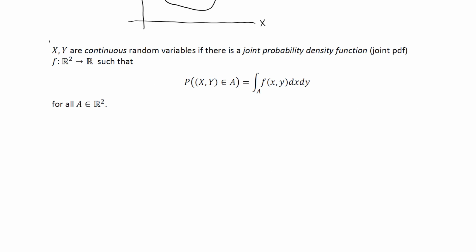So this is the idea that we use to define what we mean by two continuous random variables. And at the same time, we define the joint probability density function. So I have two random variables.